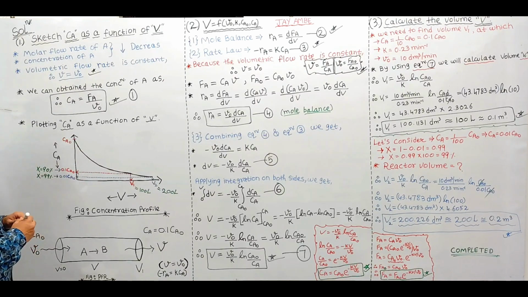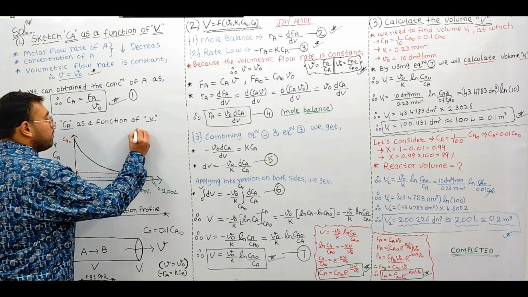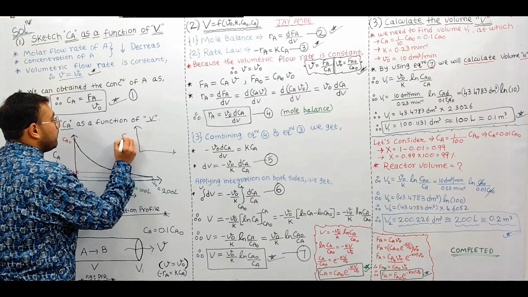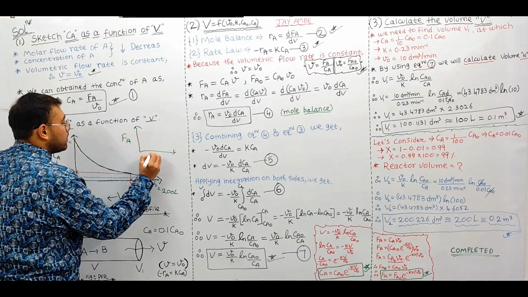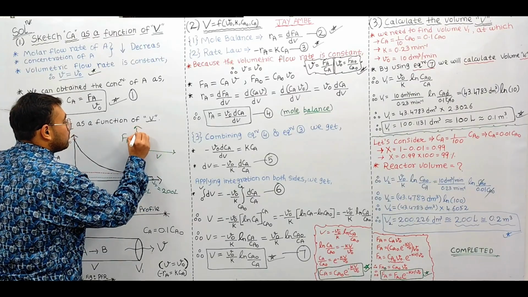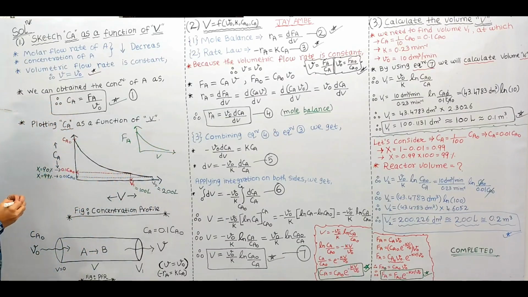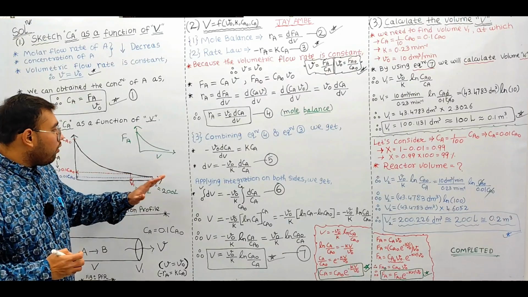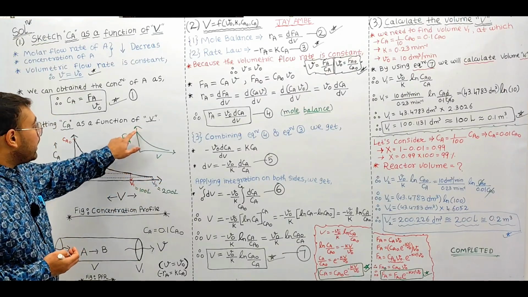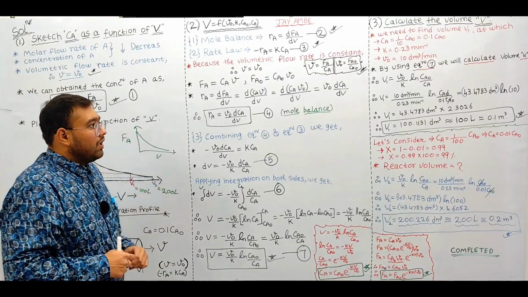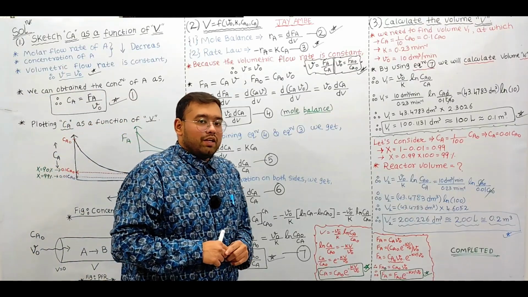Here also you can see how the molar flow rates decay exponentially with respect to the volume of the plug flow reactor. I hope you understood, right?